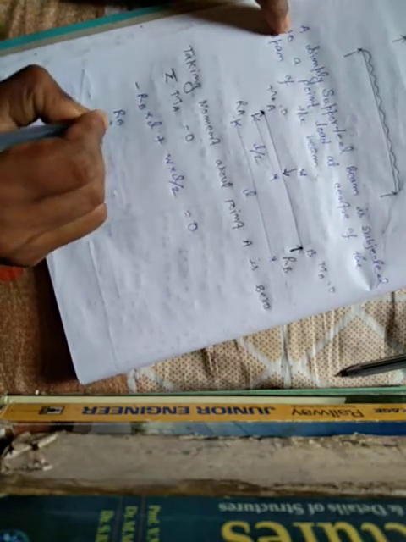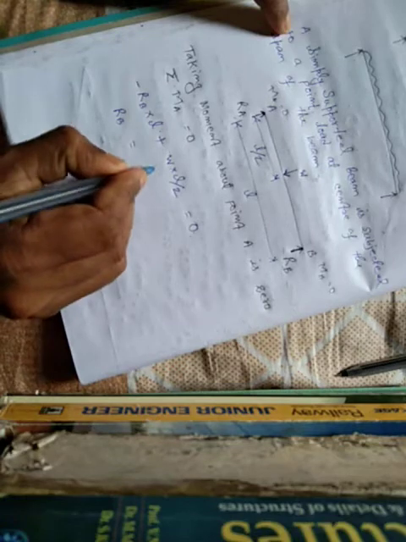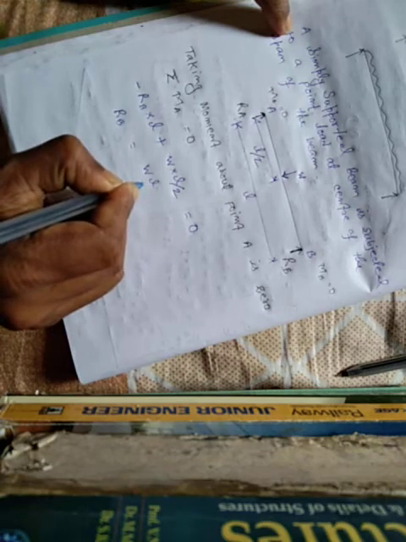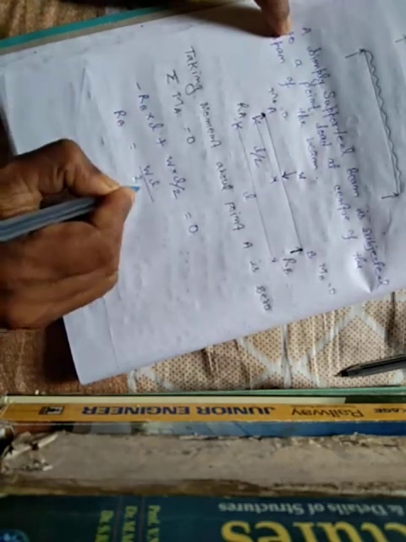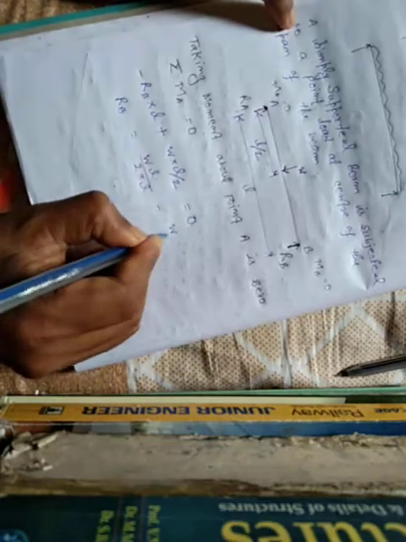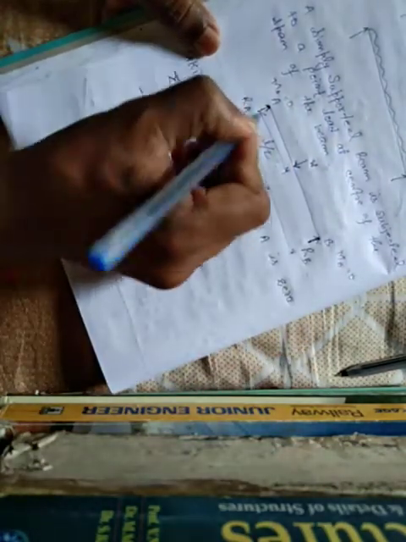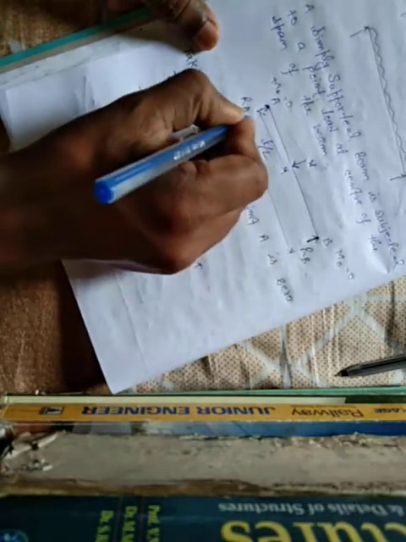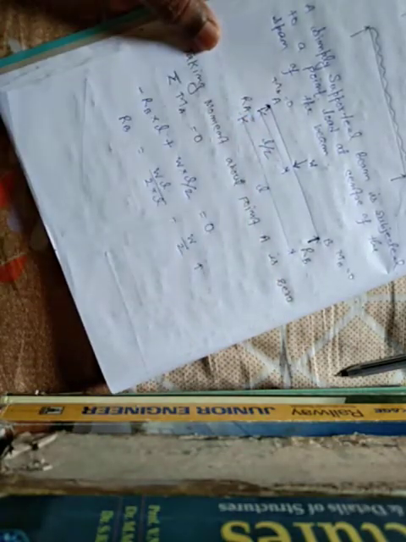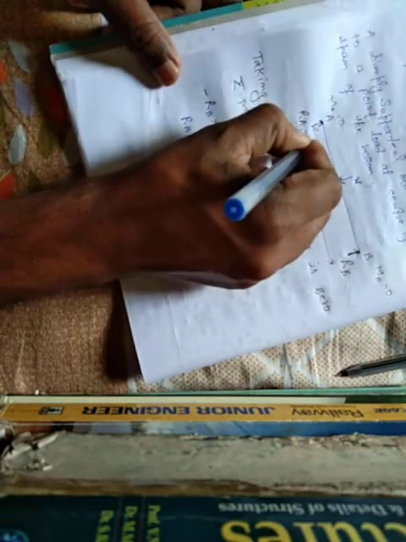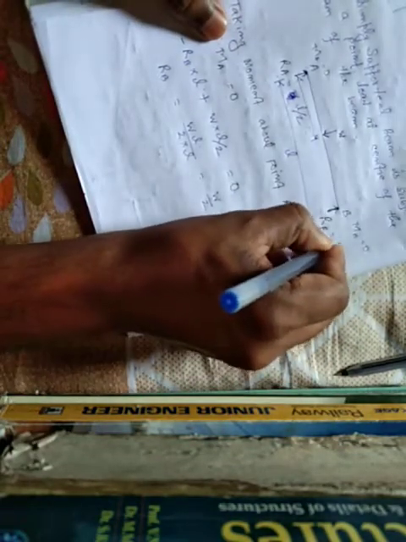RB will be W into L divided by 2 into L, that means W by 2, which is upward direction, positive. So RB equals W by 2.